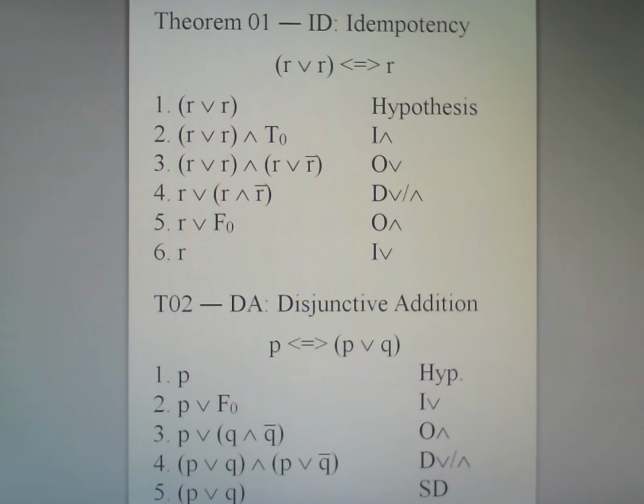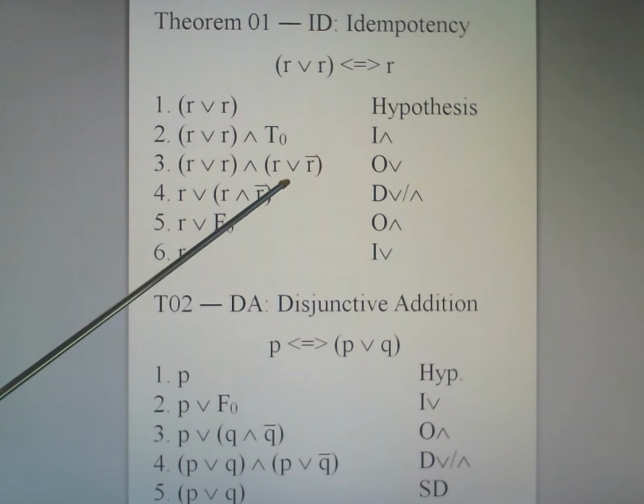If R or R is true, then from the rule for identities for and, which says that a proposition has the same logical value as that proposition anded with a tautology, we know that R or R and tautology will necessarily be true. For the next step, of course, this basically stands for any tautology whatsoever.